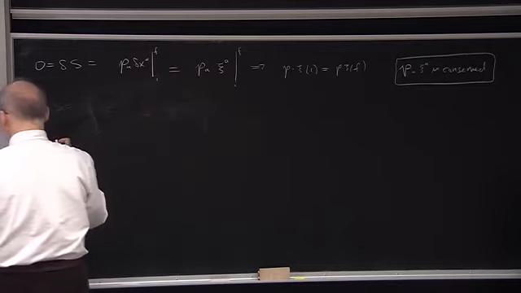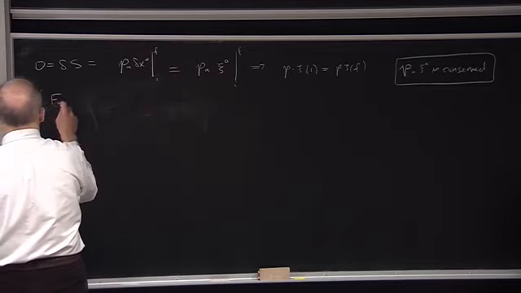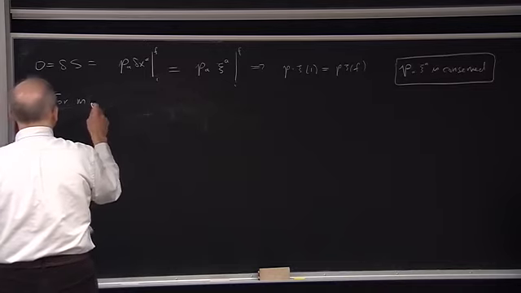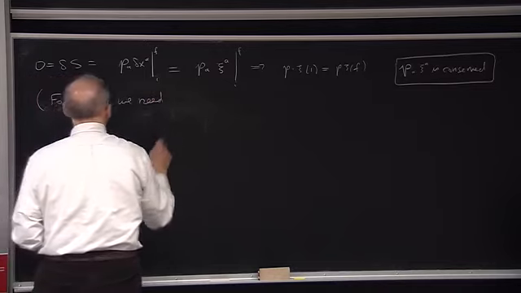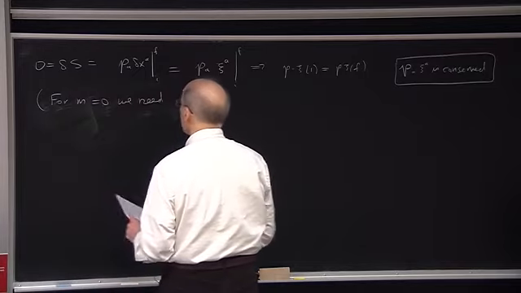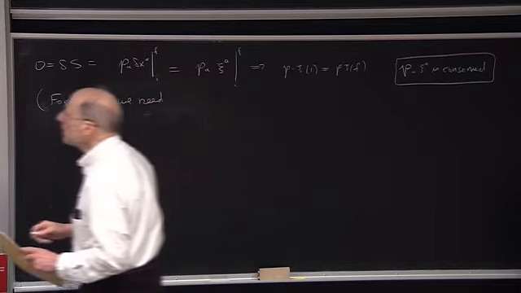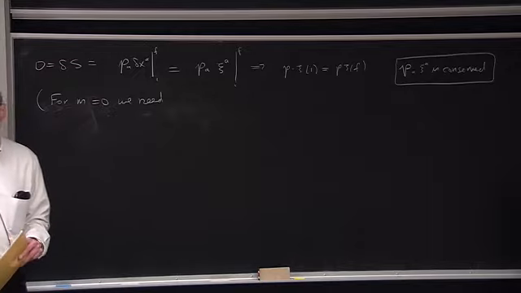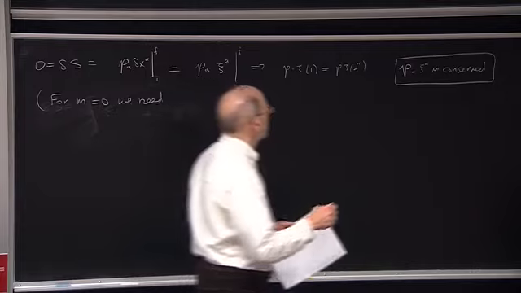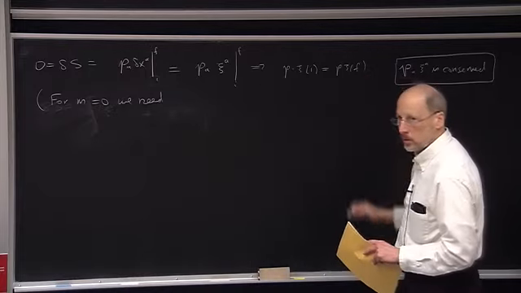A side remark, which I won't dwell on now, for m equals 0, but we'll see, just to save time, I won't say anything more about it right now. But when we come to derive the conservation law indirectly from the equations of motion, we'll have to get the equations of motion. Once the conservation law is valid, it must also follow from the equations of motion.